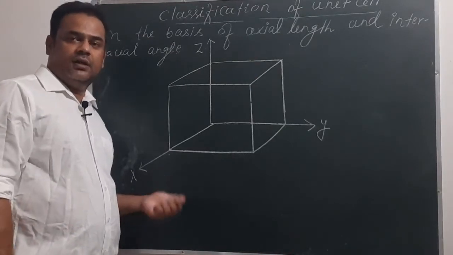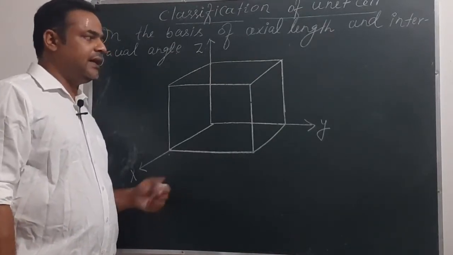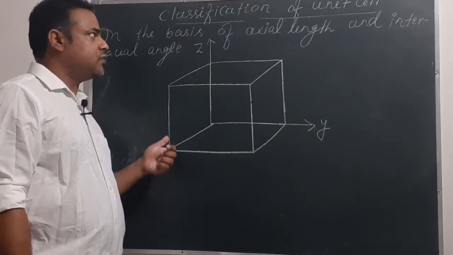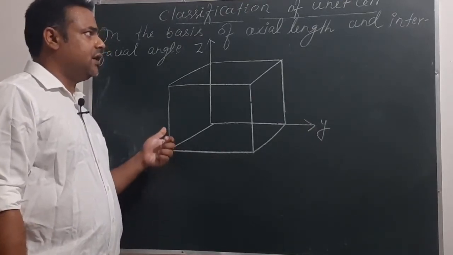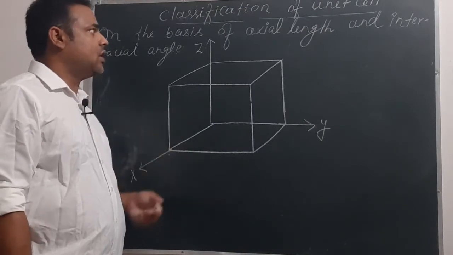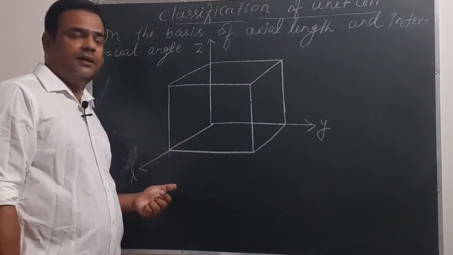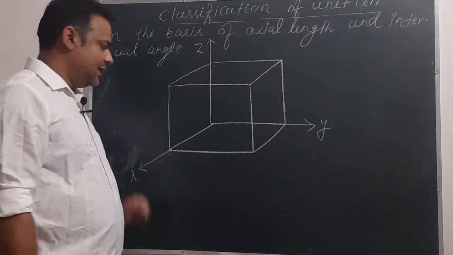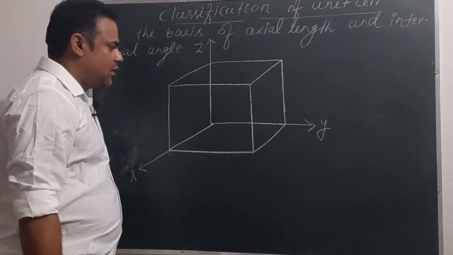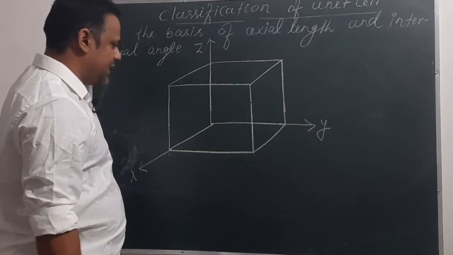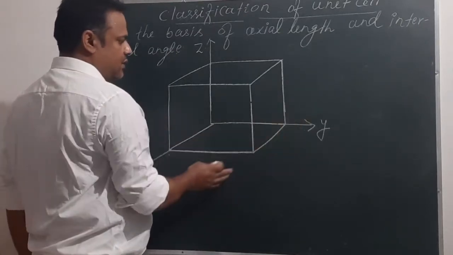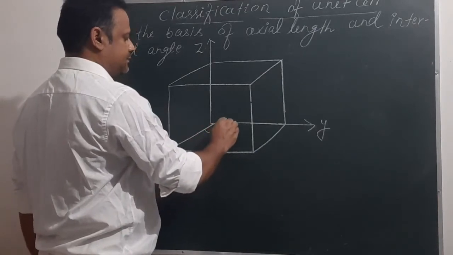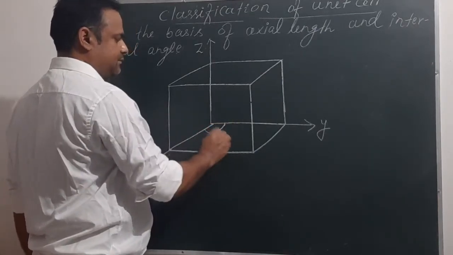I have already explained about the interfacial angle. Now we are going to see the classification. First we have to understand what the interfacial angle is and what the notation for the interfacial angle is, what the axial length is and what the notation for the axial length is. If we take this angle between x and y axis, this angle will be alpha.